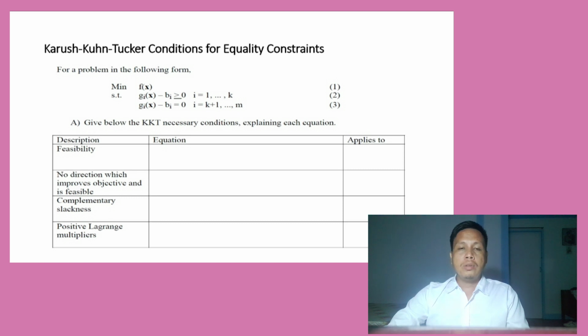Let's proceed to the Karush-Kuhn-Tucker conditions for equality constraints. For example, we have a problem in the following form: minimize a function f(x) subject to g_i(x) - b_i greater than or equal to 0, for i equal to 1 up to k, and g_i(x) - b_i equal to 0, for i equal to k+1 up to m.